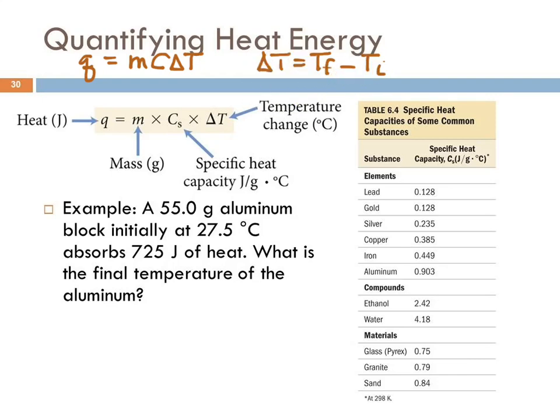We can do that with less algebra than combining it all together. So I'm going to take that MCAT equation and just rearrange it, and that will give us delta T is equal to Q divided by the mass divided by the specific heat capacity.